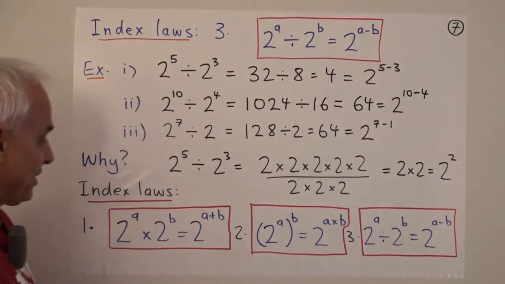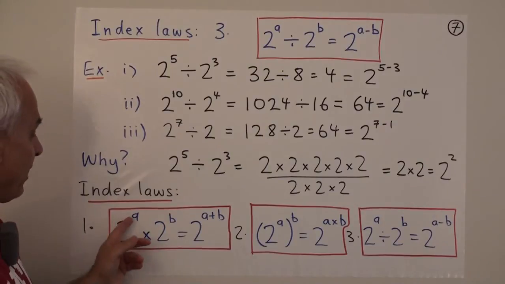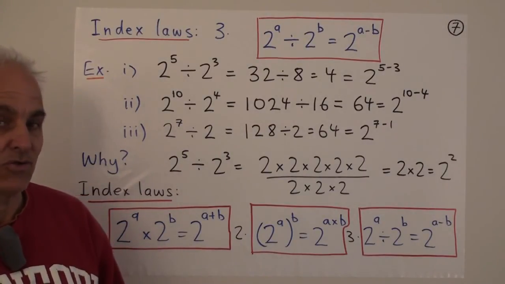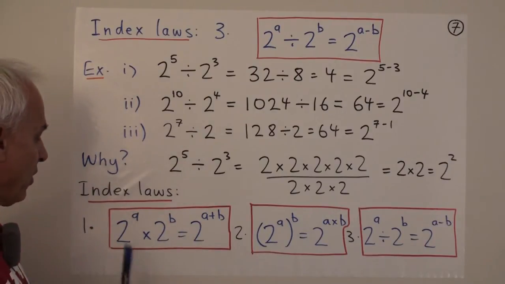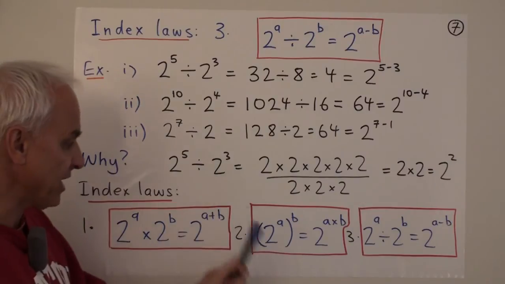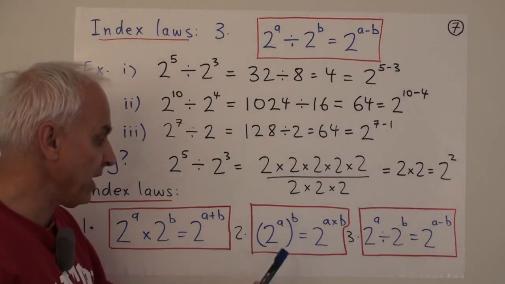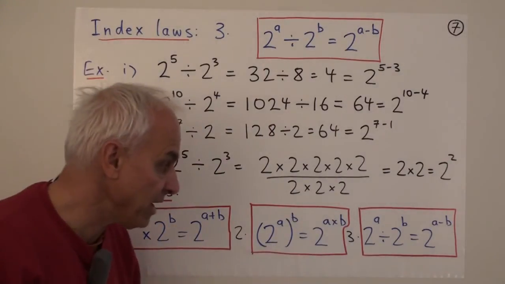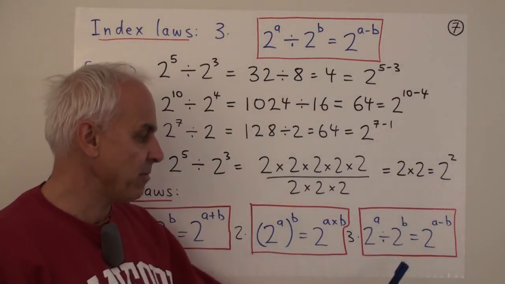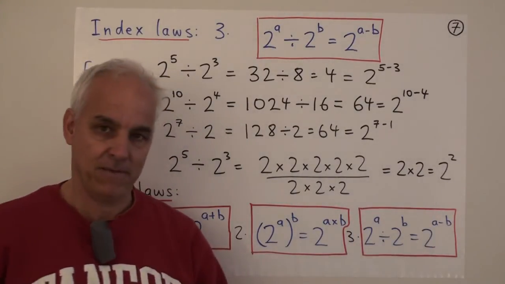So these are index laws where the exponents are all positive integers or natural numbers. Our first one was 2 to the a times 2 to the b is 2 to the a plus b. Our second one is 2 to the a all to the b is 2 to the a times b. And our third one is 2 to the a divided by 2 to the b is 2 to the a minus b.